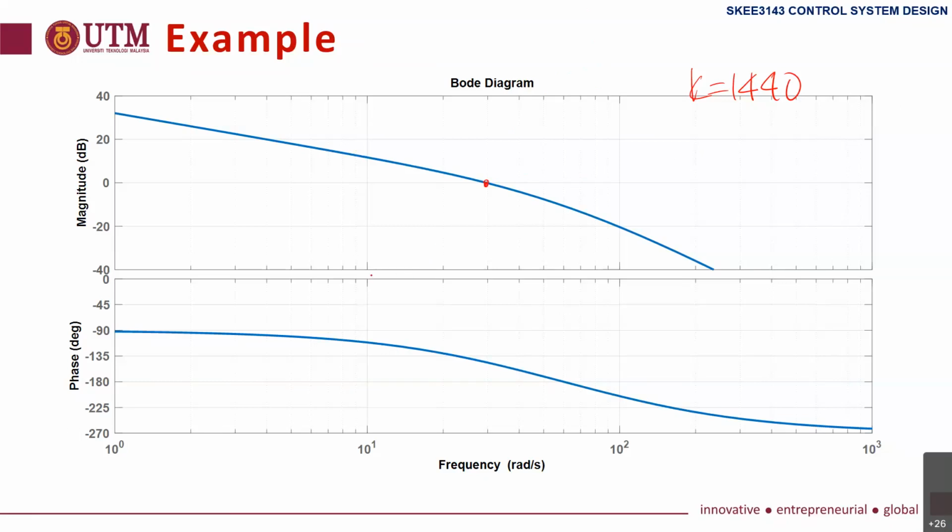Sorry, this is 10, this is 100, about 30 here. Gain crossover frequency. And we can calculate the phase margin. This is the phase margin.